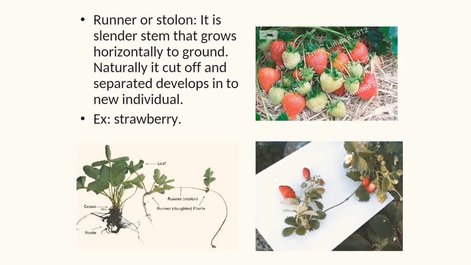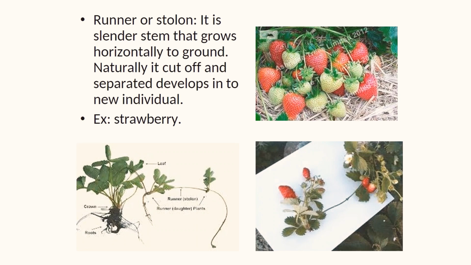Next, by stems. It is a type of vegetative reproduction in which modified or normal stem of plant develops a new plant. It is of following types. Runner or stolon. It is a slender stem that grows horizontally to ground. A runner is also a weak stem which runs along the surface of the ground.